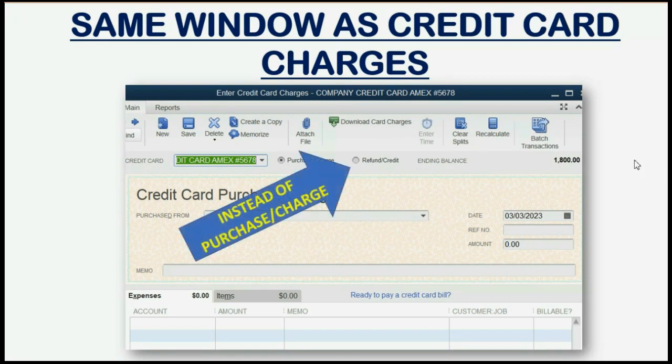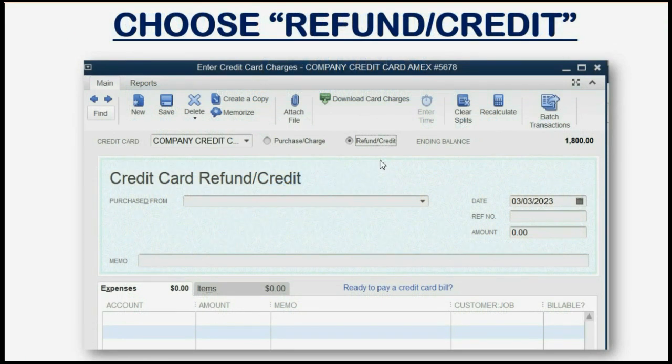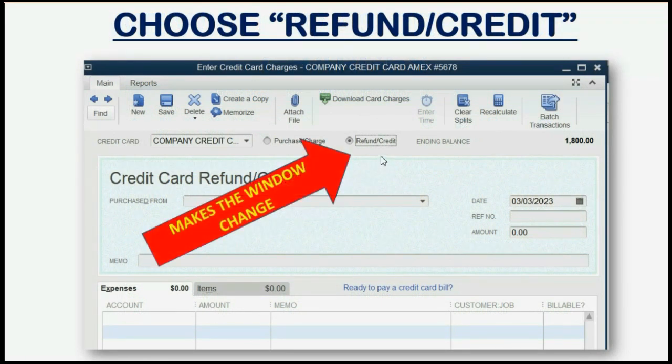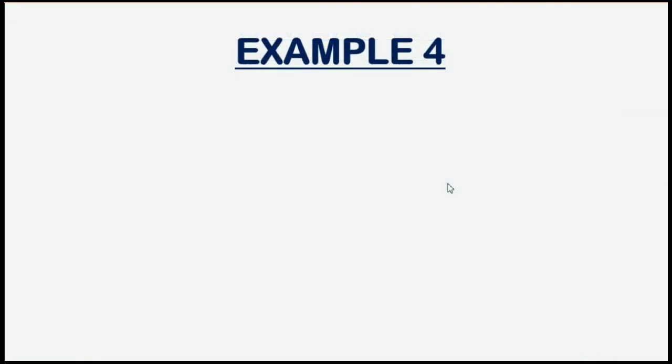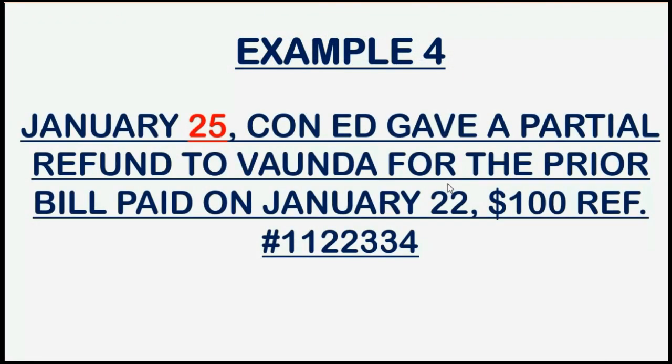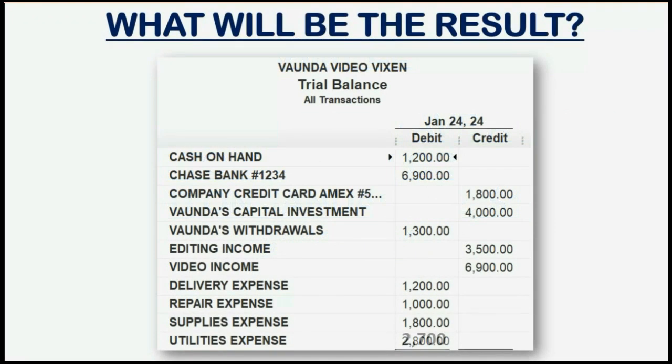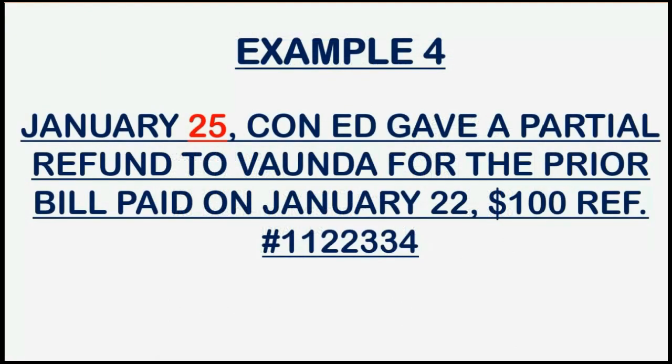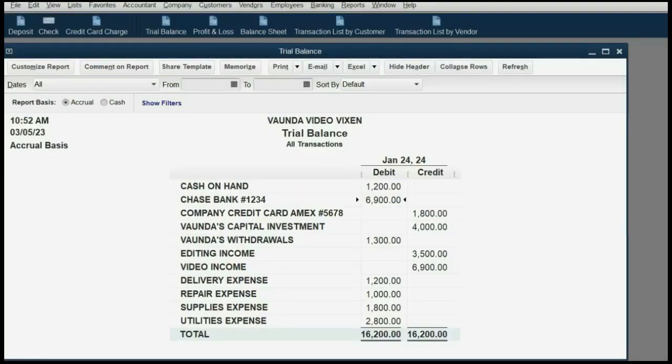The only difference is you have to choose, instead of the default for the purchase charge, you have to click Refund Credit, and the entire window will change to a credit of a credit card just by moving the little button over to this spot. And once you do that, you'll be able to record this transaction and get these numbers as a result. So let's go ahead and see how it looks.